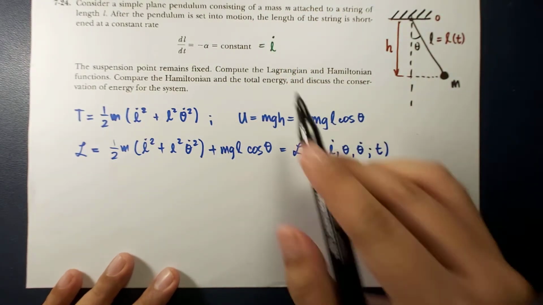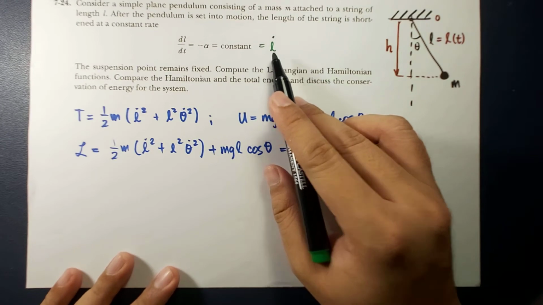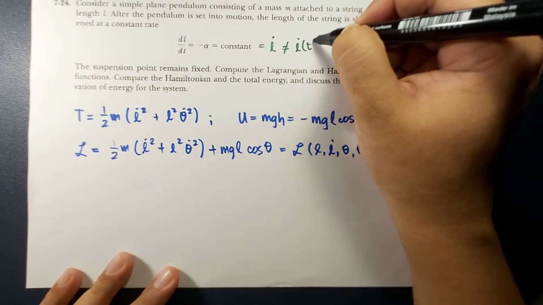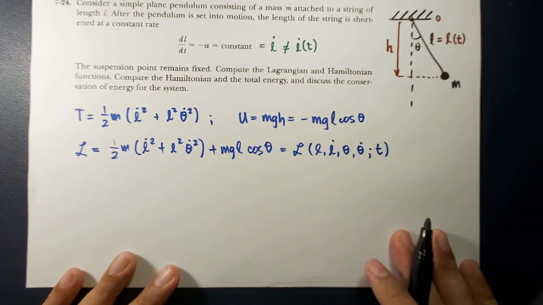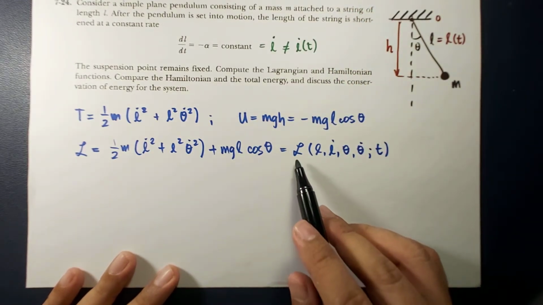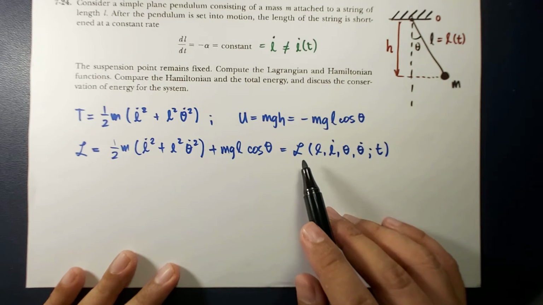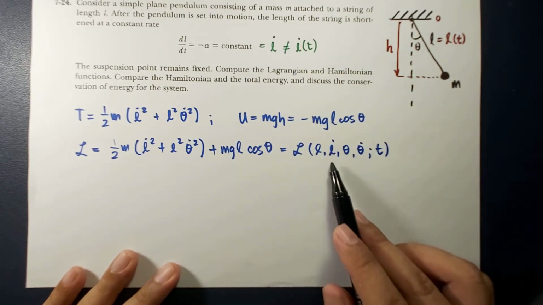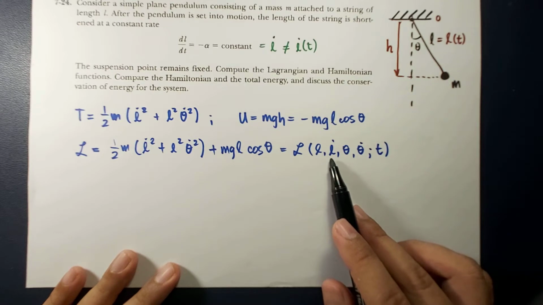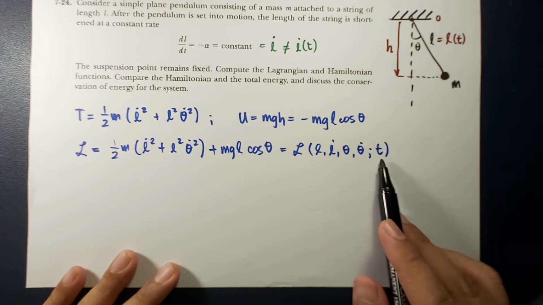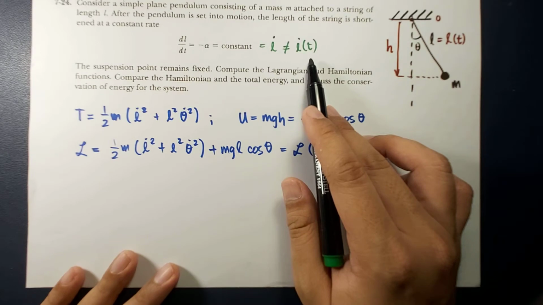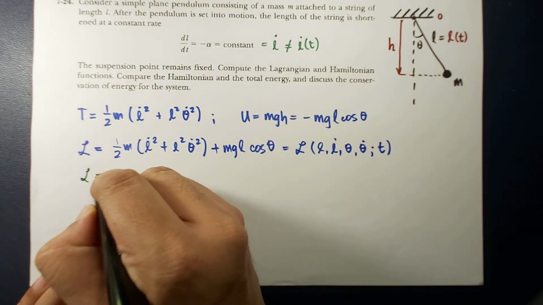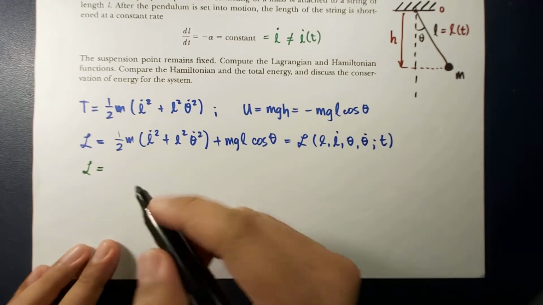That means L dot is not a function of time, so the dependency of the Lagrangian on L dot is not the case here. So we should write the Lagrangian as follows.